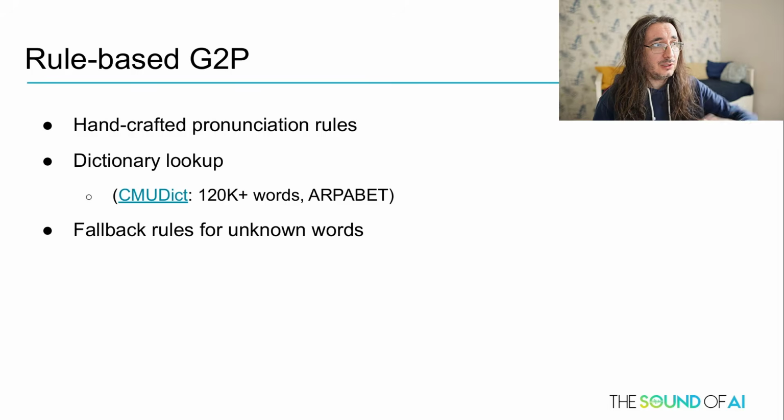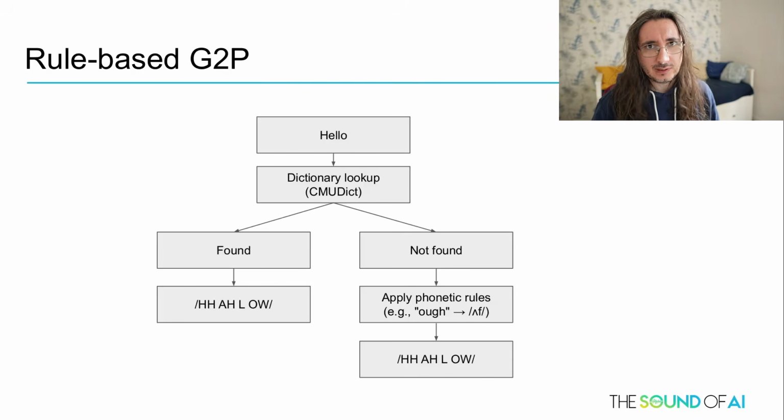If that doesn't work, you fall back to rules for unknown words. Let me give you a visual representation of this. So let's say we do rule-based G2P, and we want to find the phonemes for hello. What we do is we input hello. Then the first thing that happens is a dictionary lookup, for example, using CMUDict as a backend.